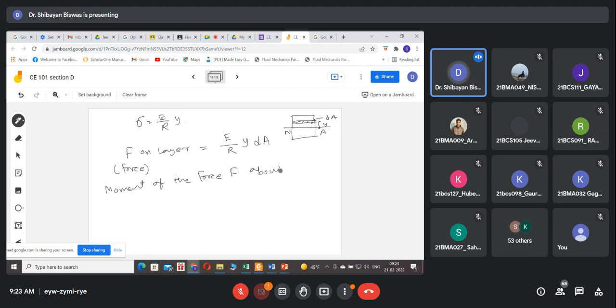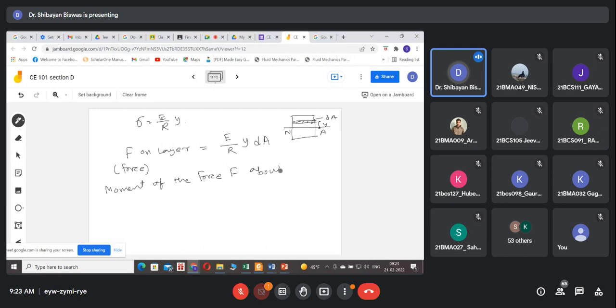Okay, so this is nothing but the moment of inertia of a section about NA, and this is nothing but the distance of the outermost layer from the neutral axis.